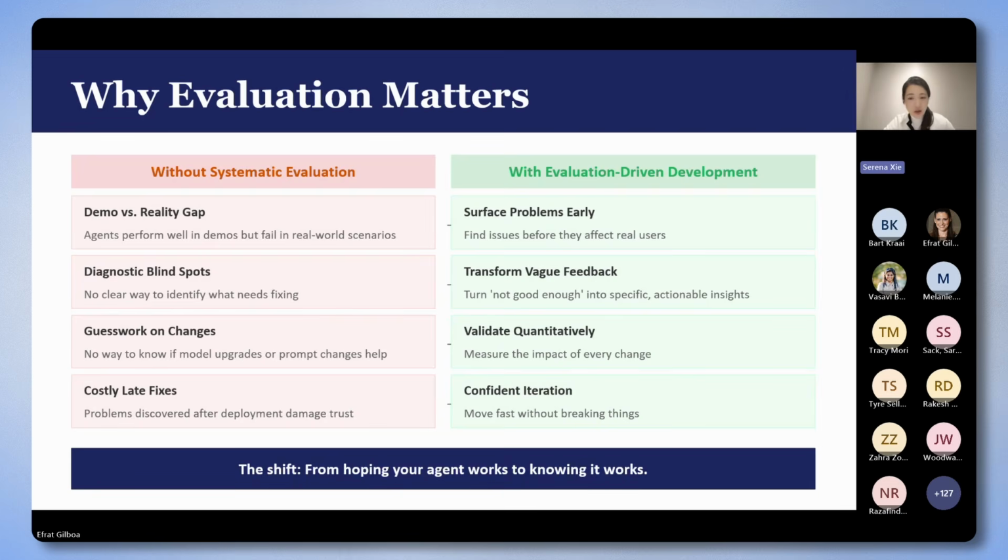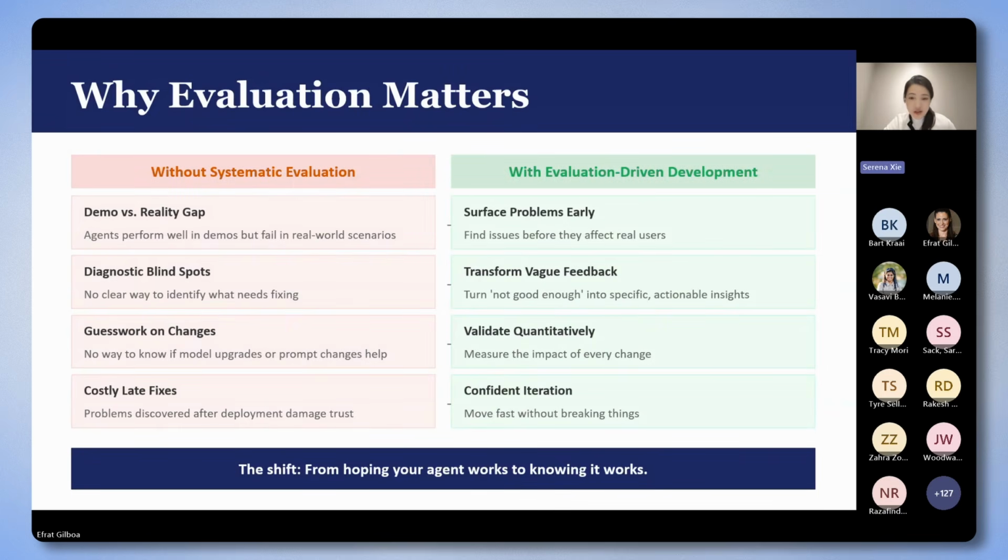And without evaluation, every change is a gamble, and changes can take a long time to be validated. Did that prompt update actually work? Did that model update actually help, or did it hurt something else? It's always guesswork, but with evaluation, you can measure and work with evidence.